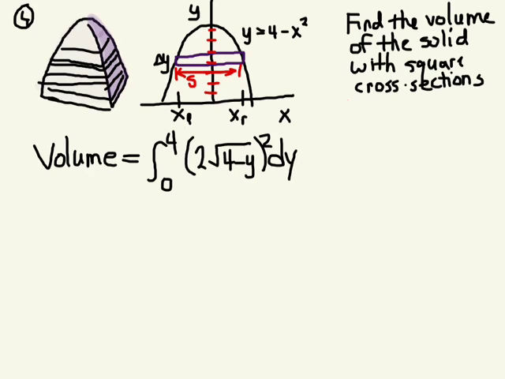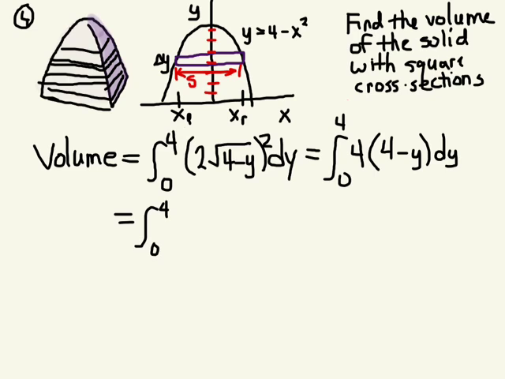Alright, so we'll take our integral, let's rewrite it. Integral from 0 to 4. When I square the 2, I get a 4. When I square the square root, I'm left with just 4 minus y dy. So all I'm really integrating from 0 to 4 is 16 minus 4y dy.